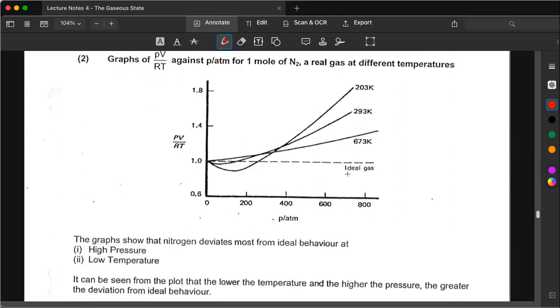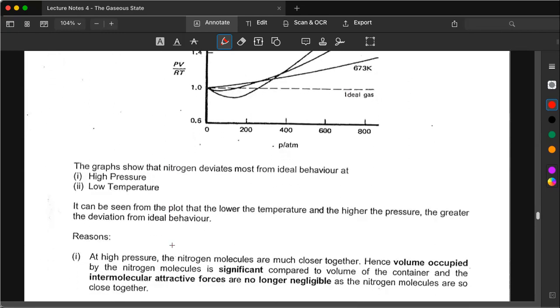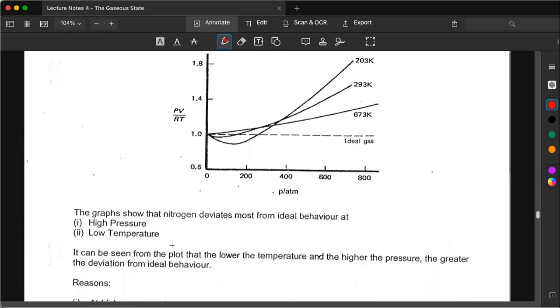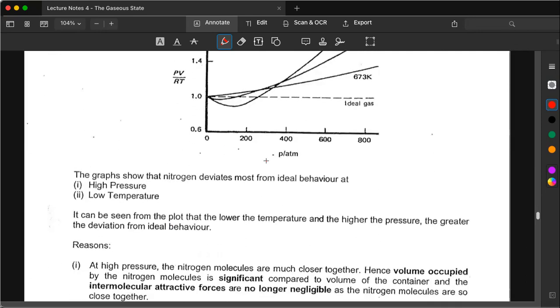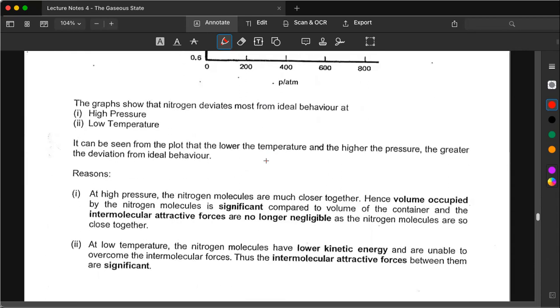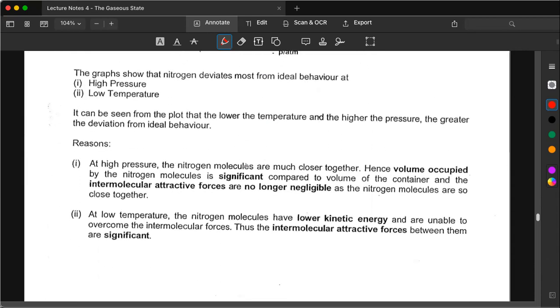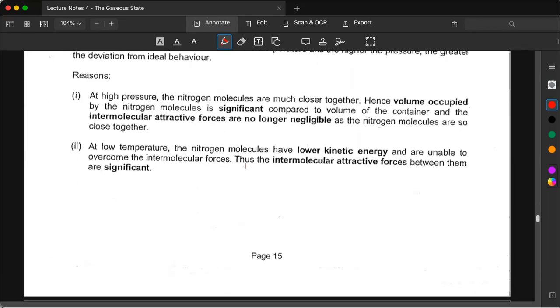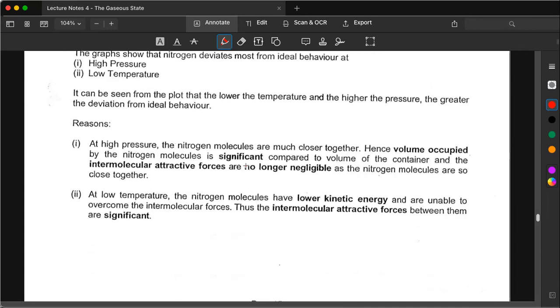The graph shows that nitrogen will deviate most from ideal behavior at high pressure and low temperature. It can be seen from the plot that the lower the temperature and the higher the pressure, the greater the deviation from ideal behavior. At high pressure, the nitrogen molecules are much closer together, so the volume occupied by the nitrogen molecules is significant compared to the volume of the container.